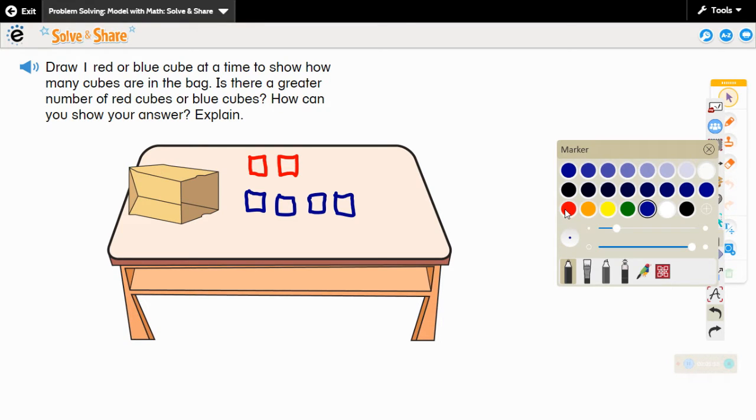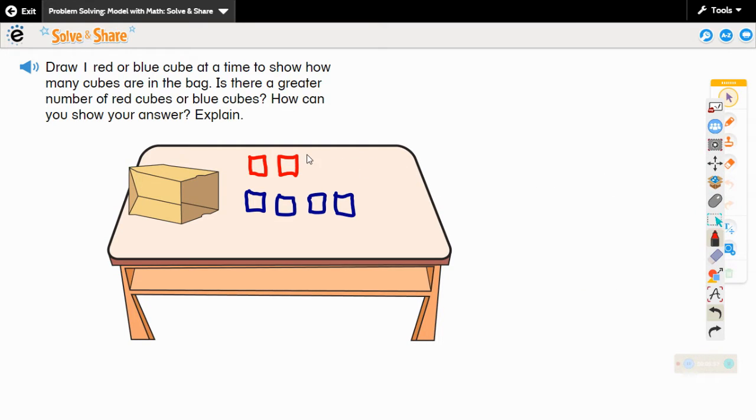Okay, put down your blue crayon and pick up your red one. And I am drawing another red square. Now we have 3 red squares and we have 4 blue squares.